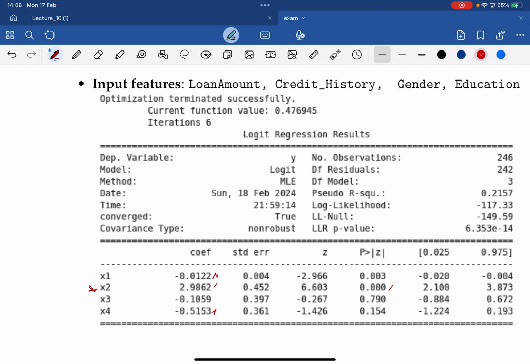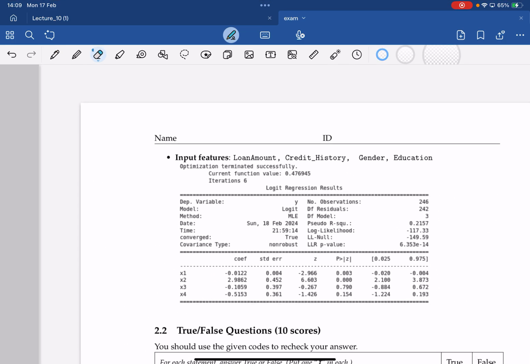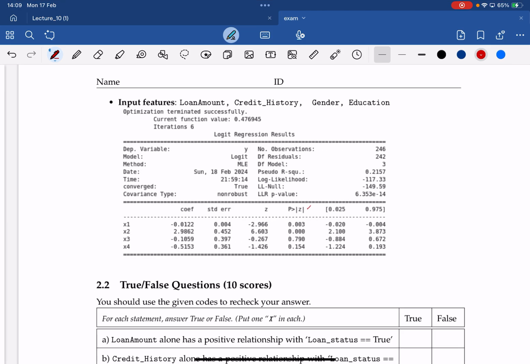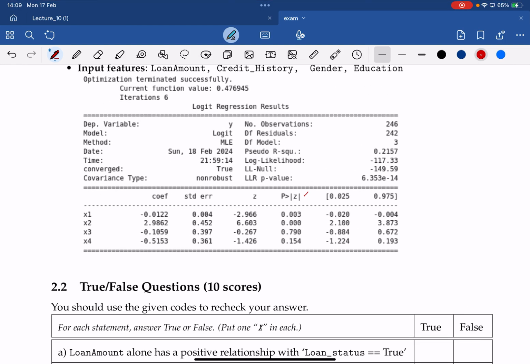But this is something we have to analyze further, because if we look at the p-value, this one is actually lower than that one. Anyway, this is just to give you an example of what the question might look like.